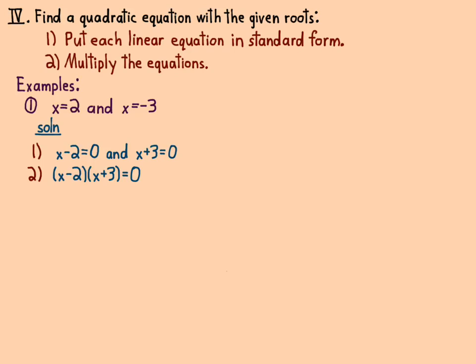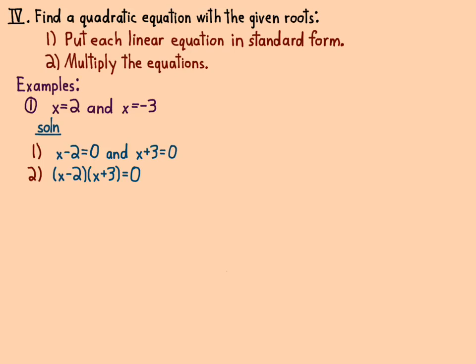And so if you just write it with a 0 on the right, as a polynomial equation, actually a linear equation, then you just have to take those to the left side of each equation and just multiply them. Of course, they're binomials, so you need parentheses for both of them, right? And that's really the answer right there. That's a quadratic equation with the roots that they wanted.